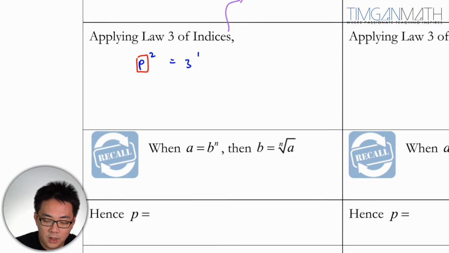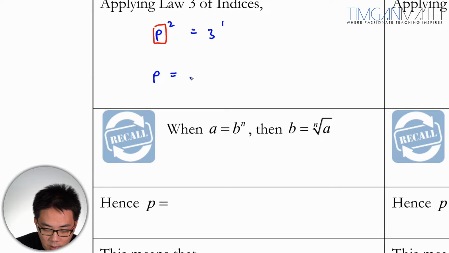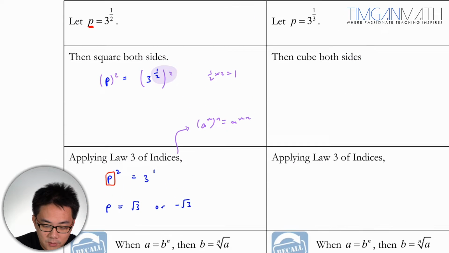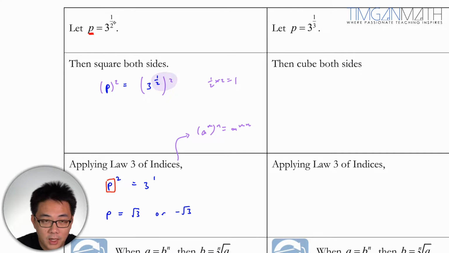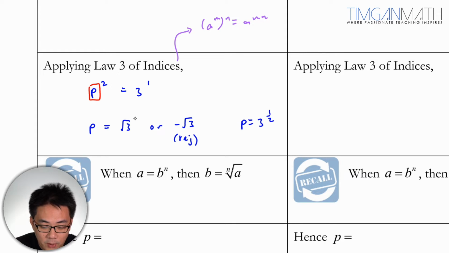So very simply put, P would just be the square root of 3, or negative square root of 3. But take note, because P is 3 to the power half, which is positive, you reject the negative one because it has to be a positive number. In other words, we only look at the positive one.